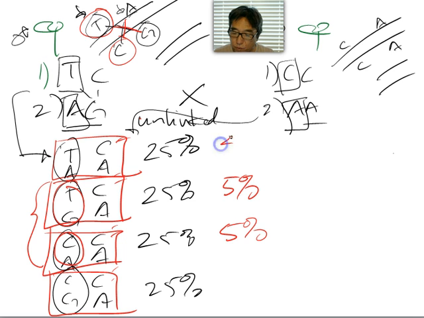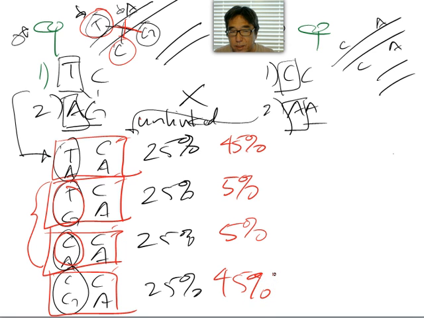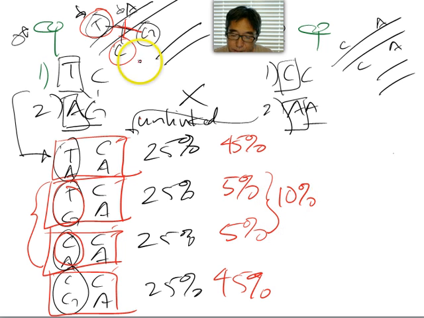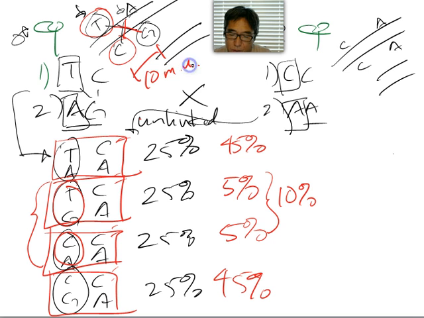So we'd see 45% here, and about 45% here. And if we see a distribution like that, that means the recombinant classes altogether make up 10%, and that means that the genetic distance between these two sites is 10 map units or 10 centimorgans.